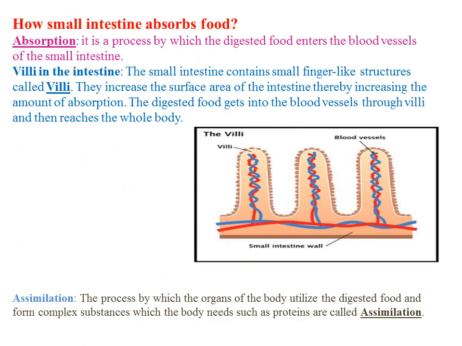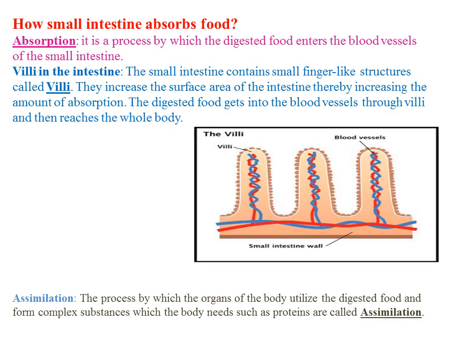Now, how does the small intestine absorb food? That is by absorption. What is absorption? Absorption is a process by which the digested food enters the blood vessels of the small intestine. There are some finger-like structures in the wall of the intestine called villi.